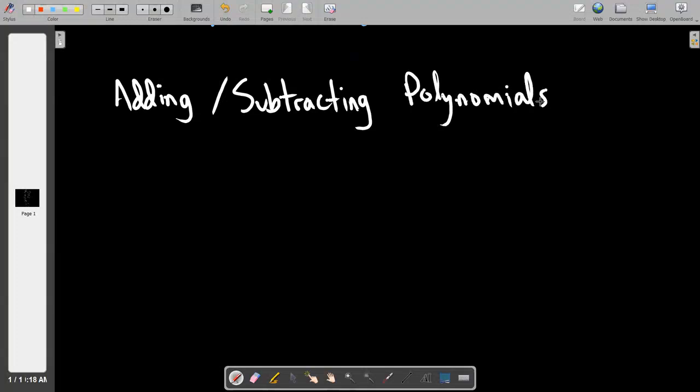You can add and subtract polynomials regardless of what flavors they are. Like you could take a quartic binomial and add it to a cubic trinomial, or you could take a constant monomial and subtract it from a quadratic binomial. It doesn't matter. There are no rules. There will be when we do matrices in a couple of years. But for now, there's no rules about this.